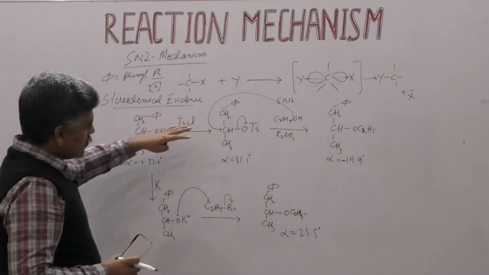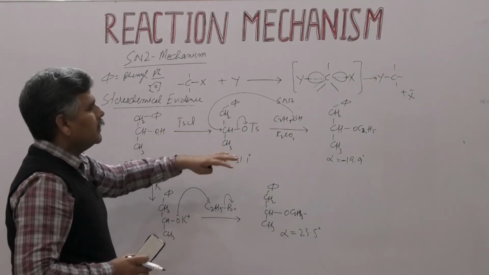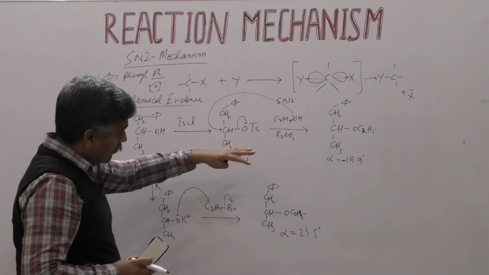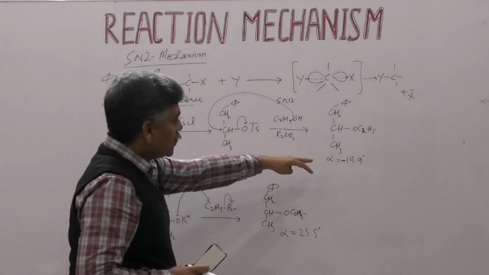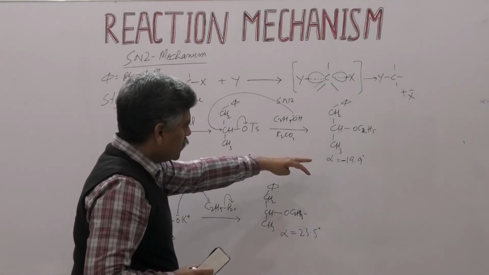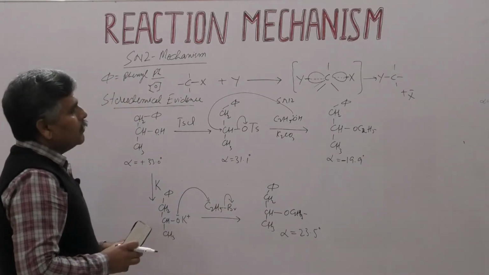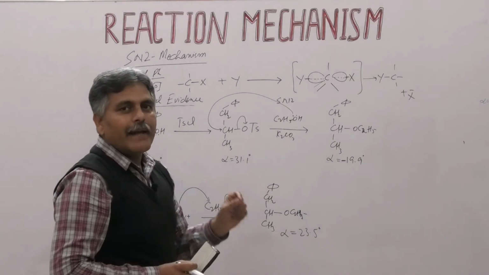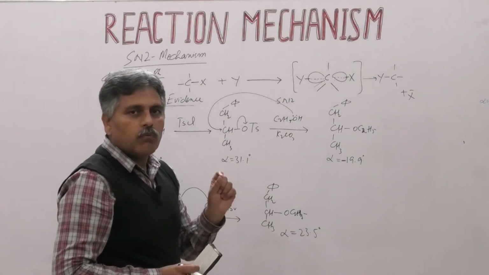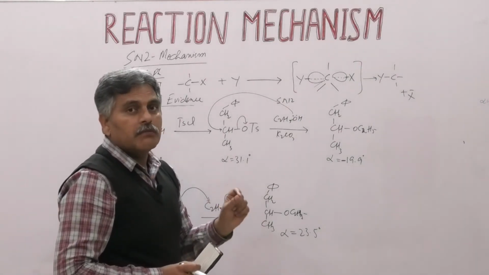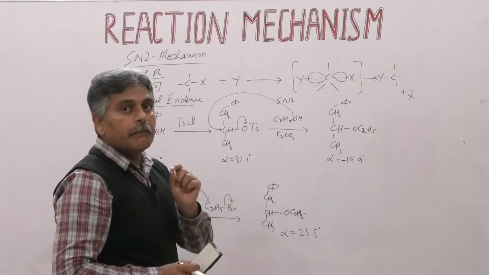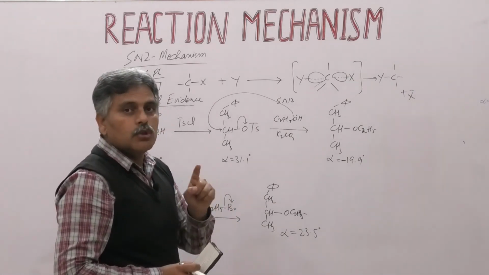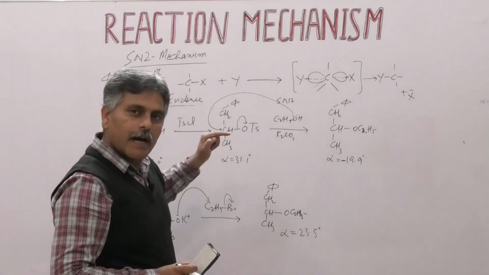So this sequence of experimentation and the calculation of the optical rotation, the angle of rotation of these chiral compounds, prove that in any case when the SN2 mechanism is involved, then there is complete inversion of configuration. The important point is that the attacking nucleophile attacks at the chiral carbon.